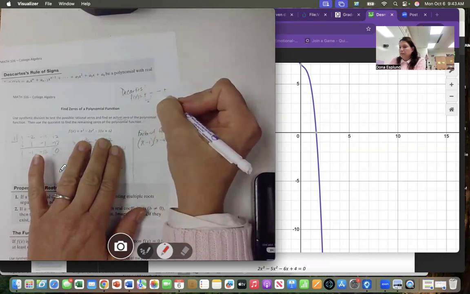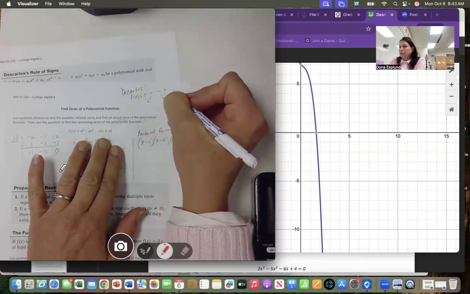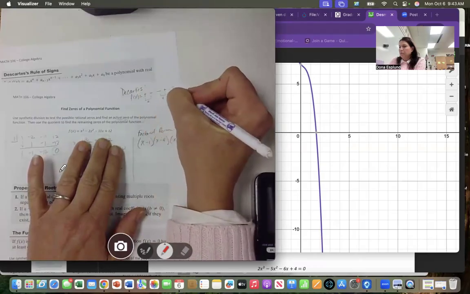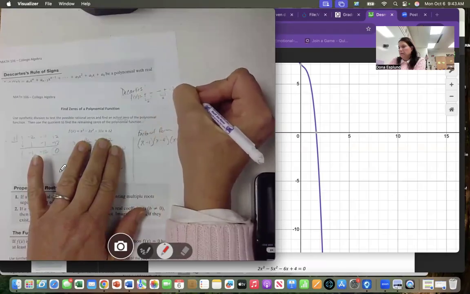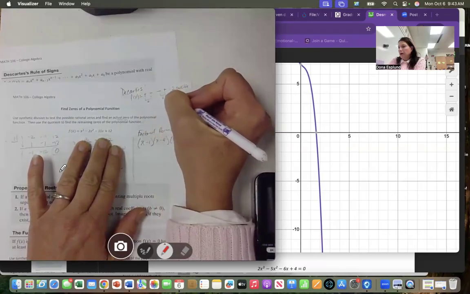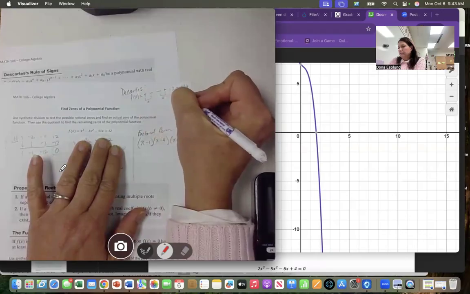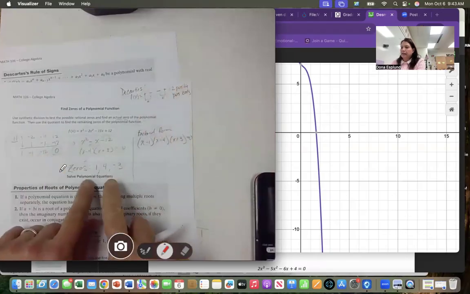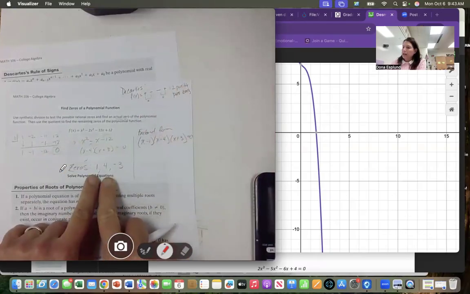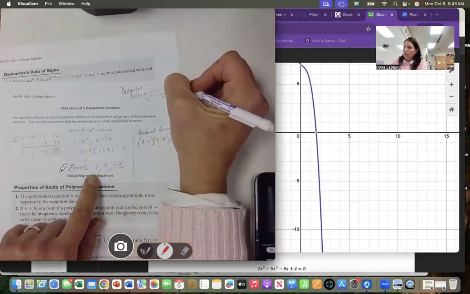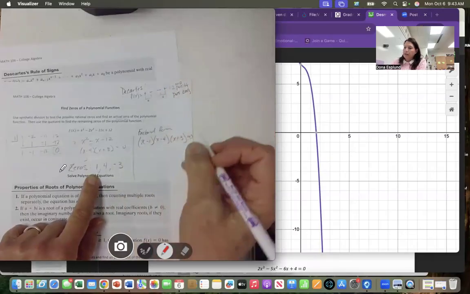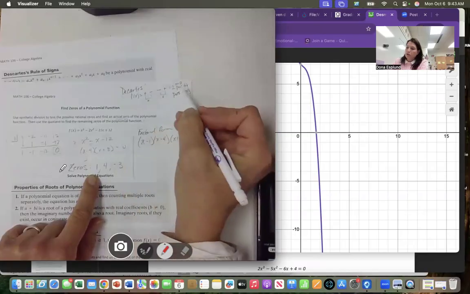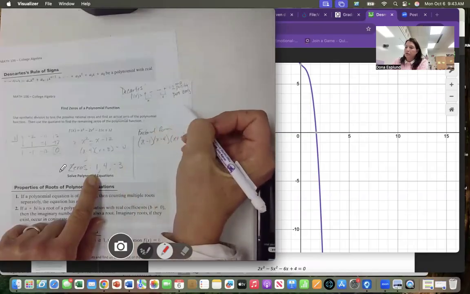It didn't change, but then I have a change here. So Descartes would have said I had 2 possible positive roots. And I actually had 2. Okay, I could also have 2, or I should say 0. In this case, I knew I had 2, but so I should have written 2 or 0 possible rational roots.